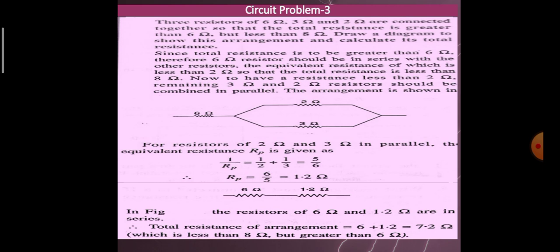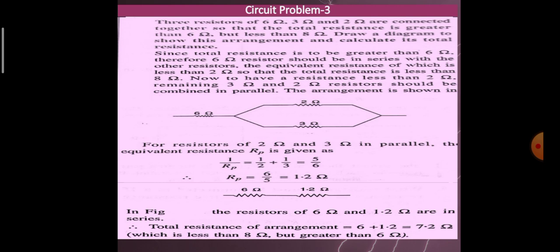Three resistors of 6 ohm, 3 ohm and 2 ohm are connected together so that the total resistance is greater than 6 ohm but less than 8 ohm. Draw a diagram to show the arrangement and calculate the total resistance.